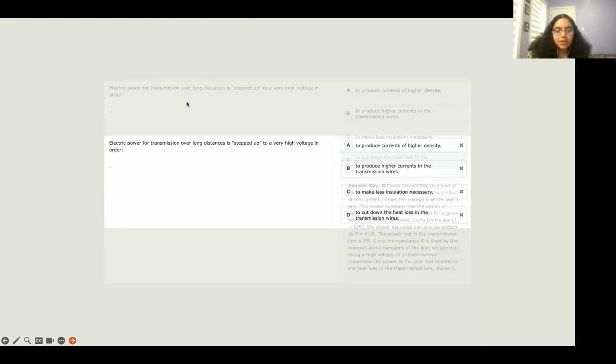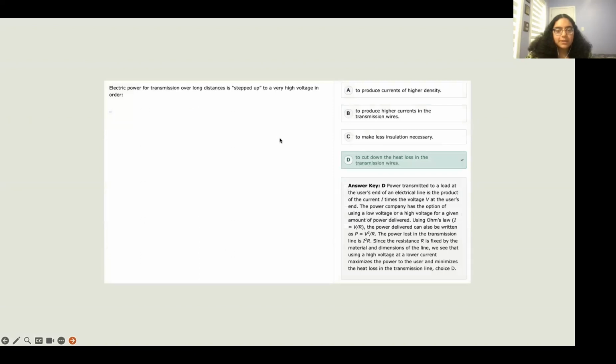Okay, so for this one, it's D, and the breakdown of this is it draws from 2 equations. We know V equals IR is our Ohm's law, and the other one is power is IV. I think that was in the first screenshot, but basically these are the two to know.